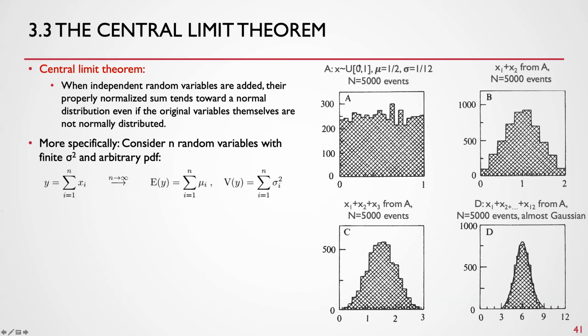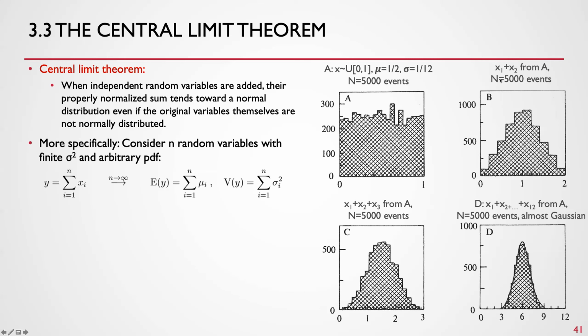Take, for example, a uniform distribution. Let's say that is the position of a particle between two wires of a gas detector. You have no idea where it is if you have a single measurement. So if you make a single measurement, the probability distribution will be flat.